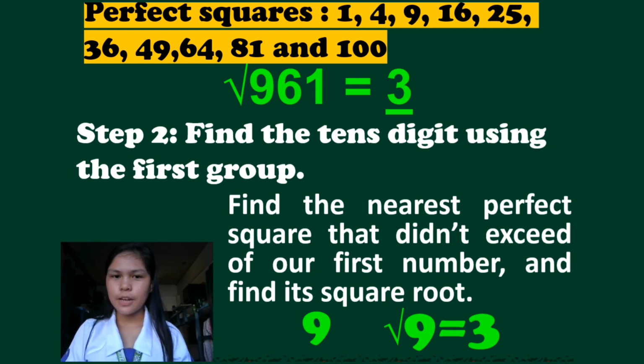So it's either 4 or 9. So 9 exceeds our first number, so we will choose the number 4. After that, you have to find its square root. So square root of 4 is 2. So your tens digit is number 2.